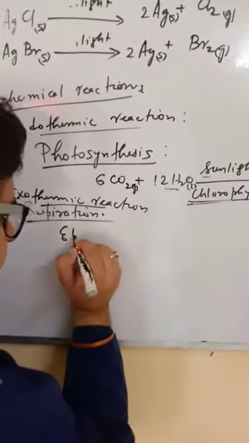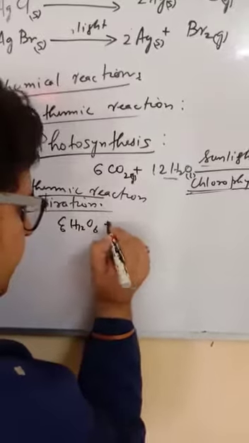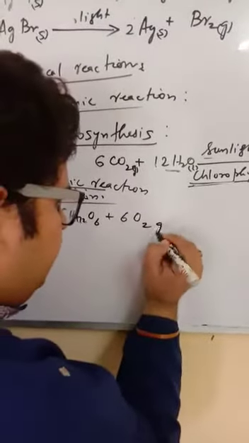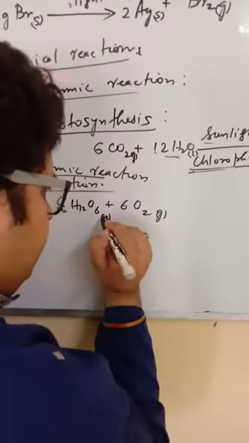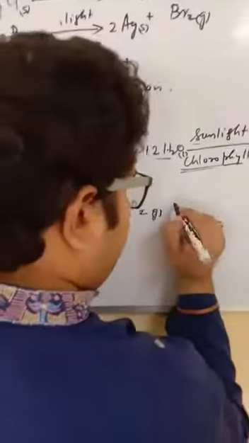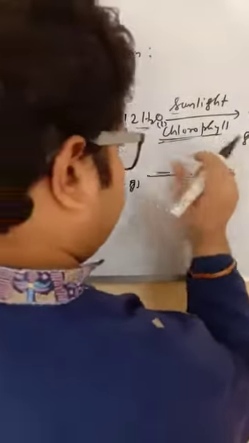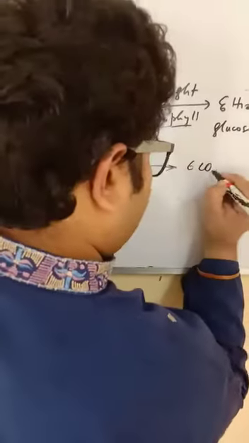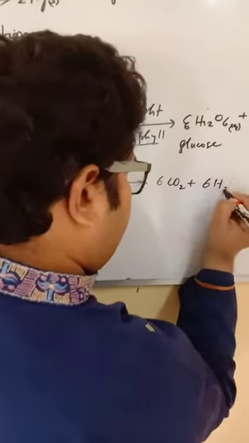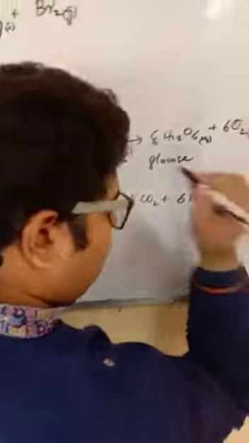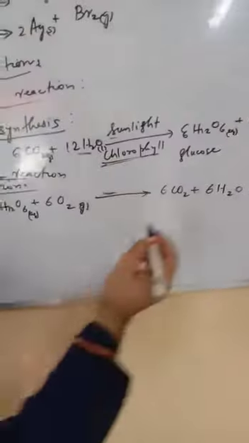You take glucose C6H12O6. You take 6 molecules of O2. This is gas. This is aqueous. This decomposes, and you get 6 molecules of CO2 and you get 6 molecules of H2O, plus you get some amount of heat. Triangle means heat. See, heat has been released. So it is exothermic in nature.